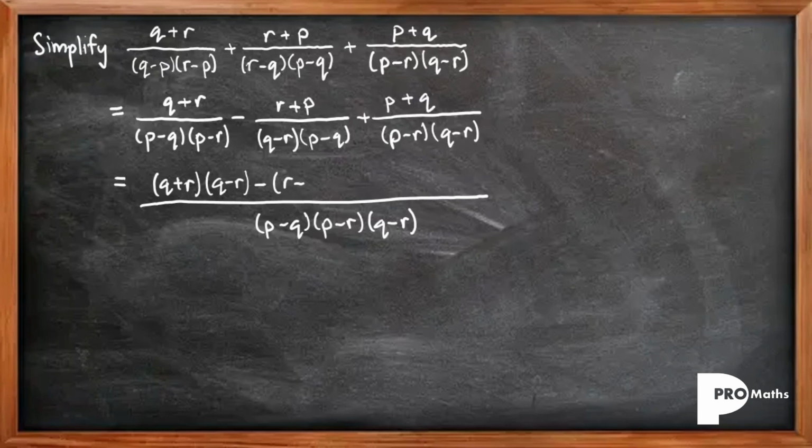So r plus p will need to be multiplied by p minus r, and r plus p is the same as p plus r, so just going to do that right now. And then p plus q will have to be multiplied by p minus q.